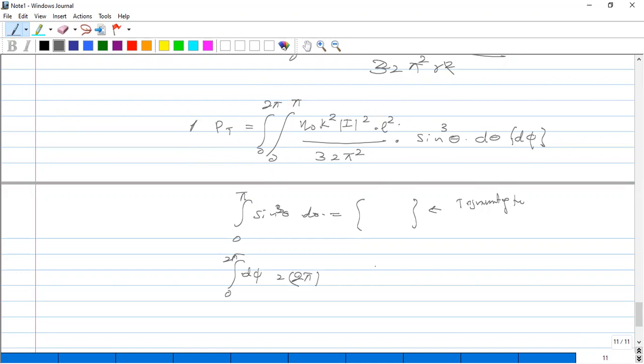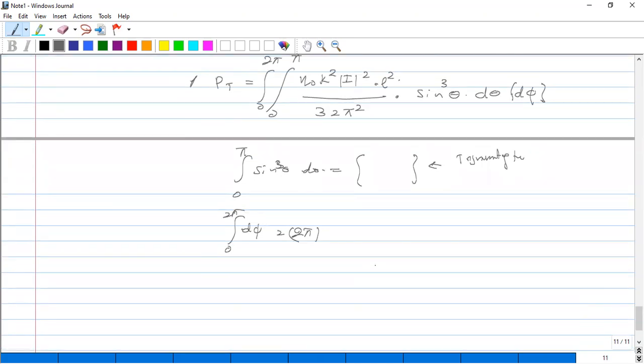So try to do this evaluation by yourself, and I will write the final value here. You will get eta I magnitude square l square divided by 12π. So you can see that this is divided by 2π.